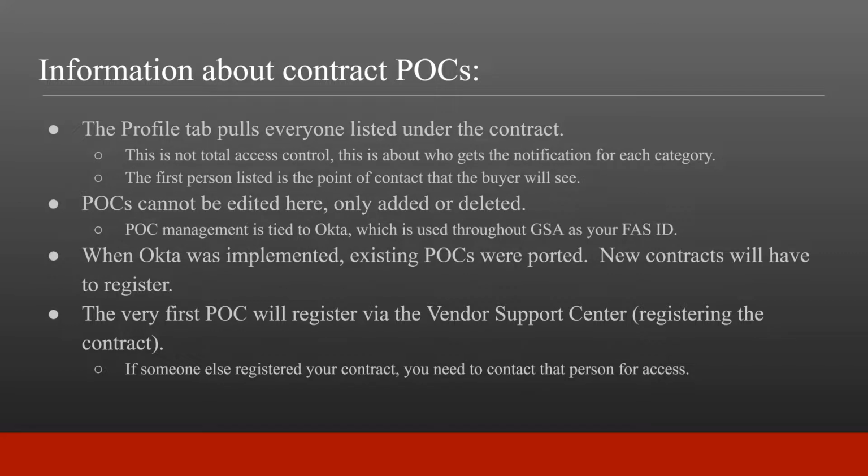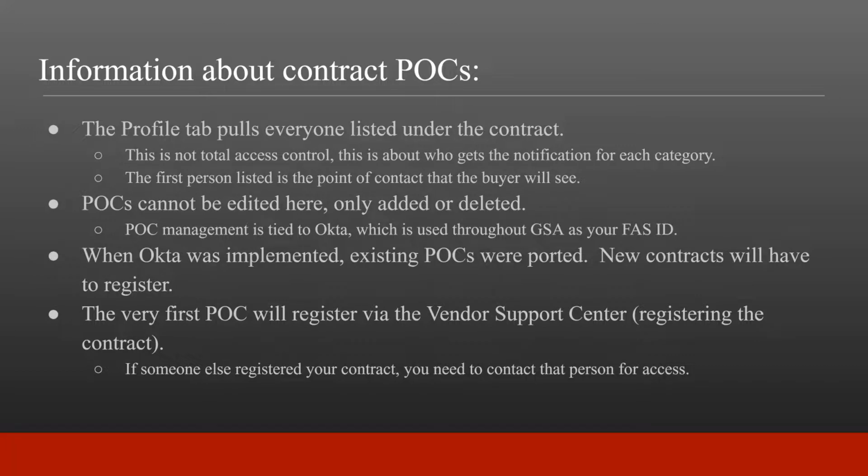As I mentioned, you can't edit the point of contact. You can only add or delete them. This has to do with how we use Okta to power the FAS-ID. I'm not sure the percentage of folks out there who may have had contracts before or may have other contracts in GSA, but for anyone who was an existing point of contact at the time we implemented the multi-factor authentication and the FAS-ID, the existing points of contact were ported into the new system, into the new method.